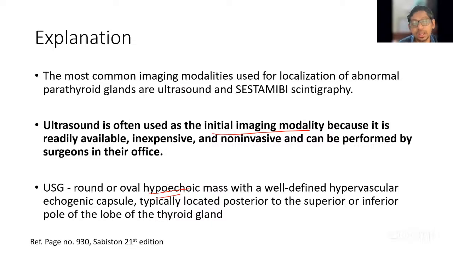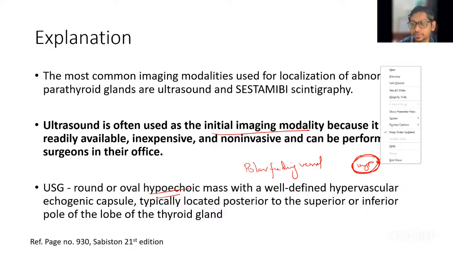And usually a parathyroid adenoma also has something known as a polar feeding vessel. The parathyroid adenoma usually has a rim of vascularity around it. The adenoma is hypoechoic, the capsule is hyperechoic, and you have vascularity surrounding the rim, and at one point these vessels have an end-on appearance, so they appear like a dot.